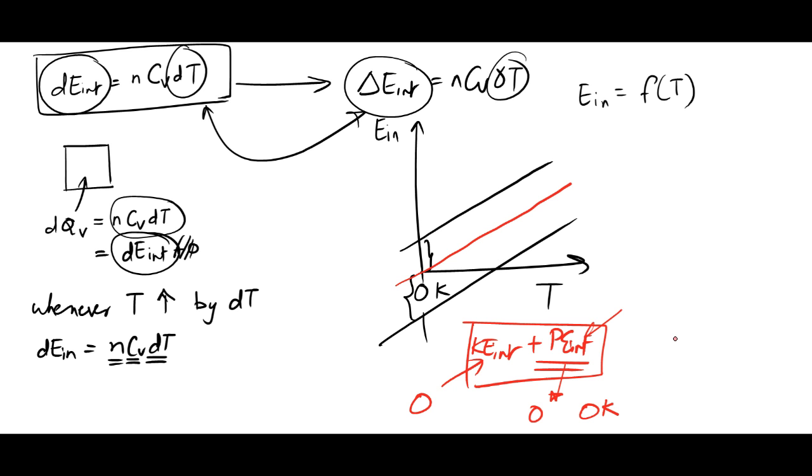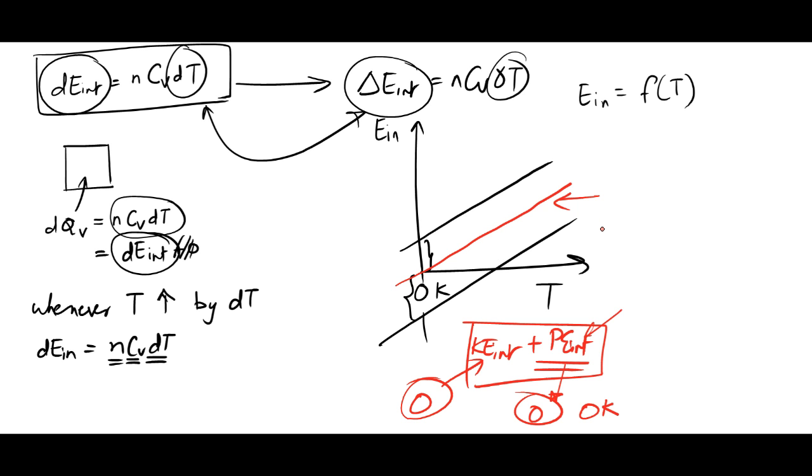That's an arbitrary definition, and once you define it that way, you get the result that at 0 Kelvin the total internal energy of the gas is 0 in kinetic plus 0 in potential, so that's equal to 0. That's how this line actually passes through the origin.